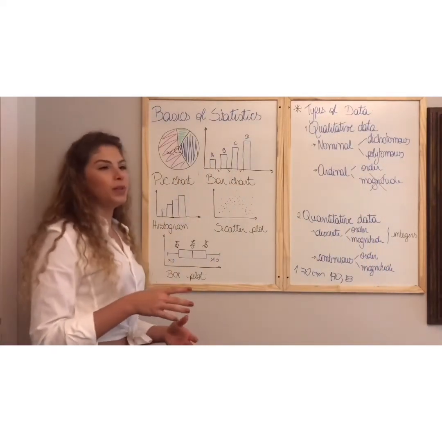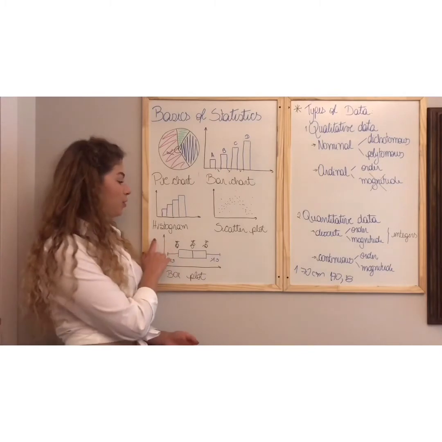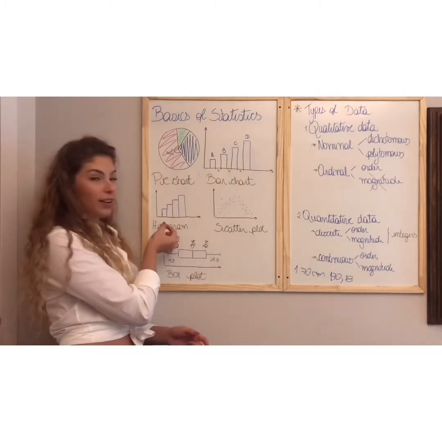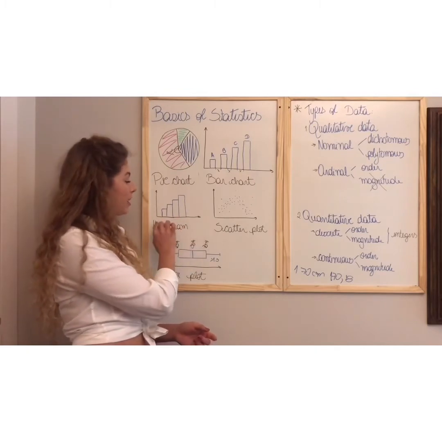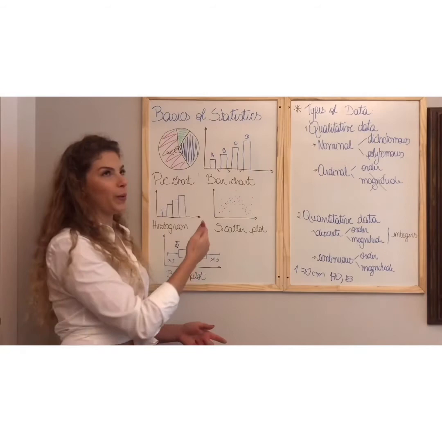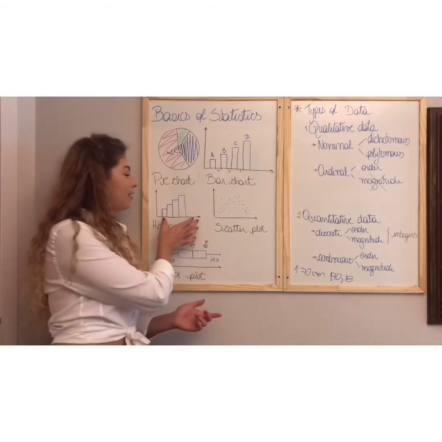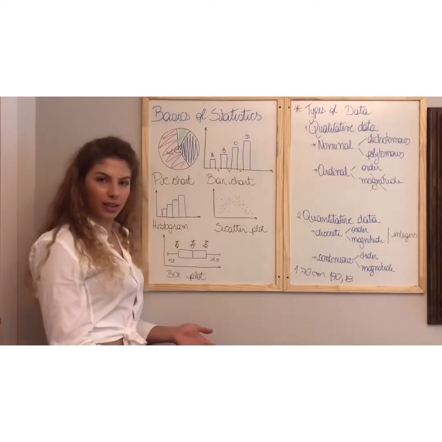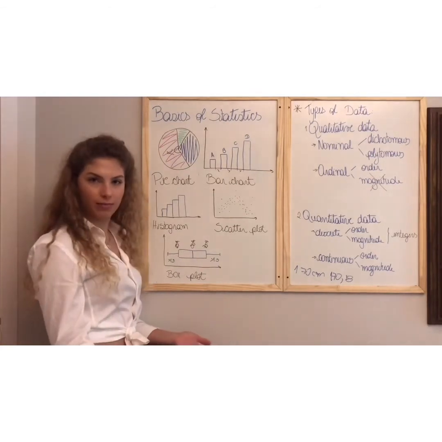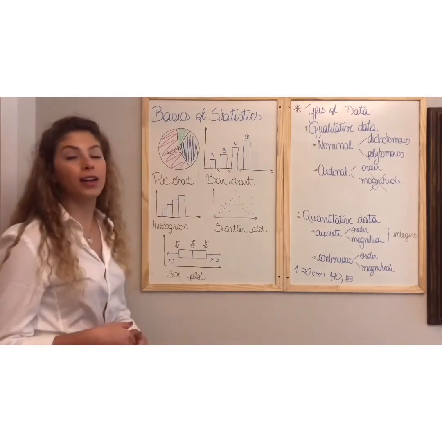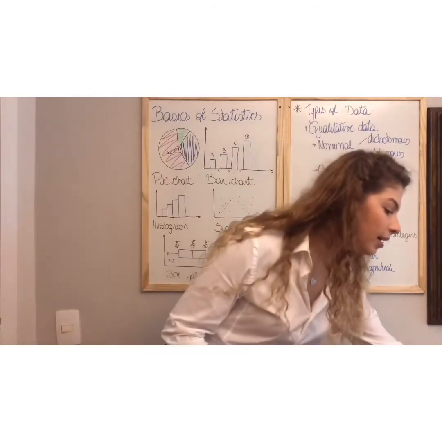The most common one is the histogram, and differently from the bar chart, I can join all the bars. Then I can do, for example here, an ascendant ordering. Since the bars are all together, I can represent a continuous category or continuous data. And a histogram is the base of a line chart. What is a line chart?